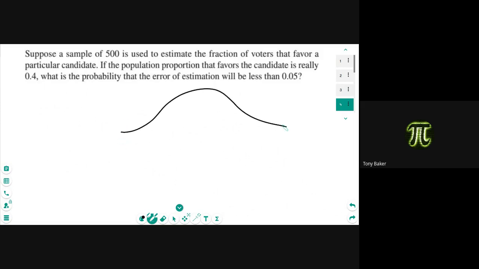If we look at our little bell chart, this is 0.4 in the middle. We want the error to be less than 5% or 0.05, right? So what's the lowest number that I'm going to want here?